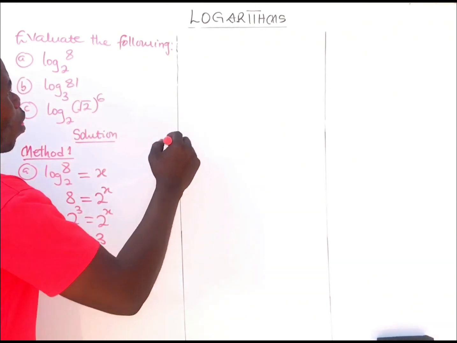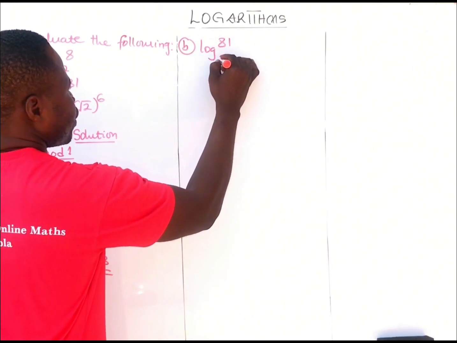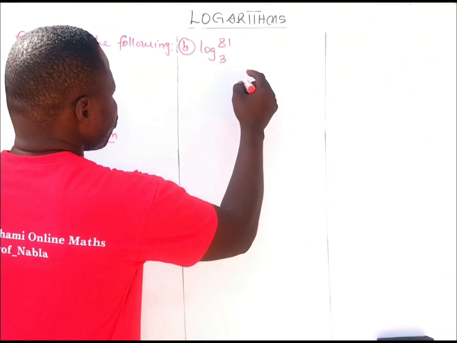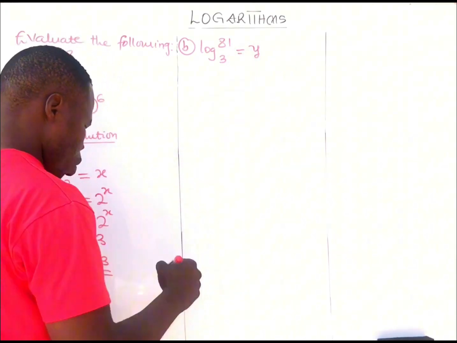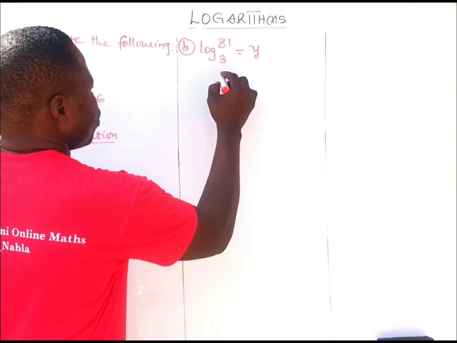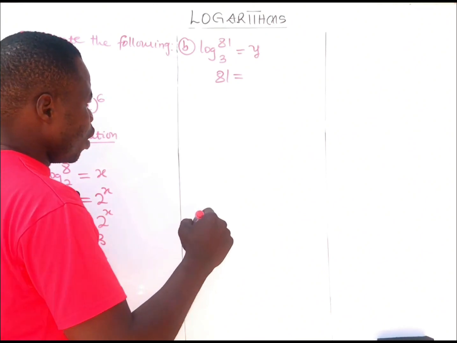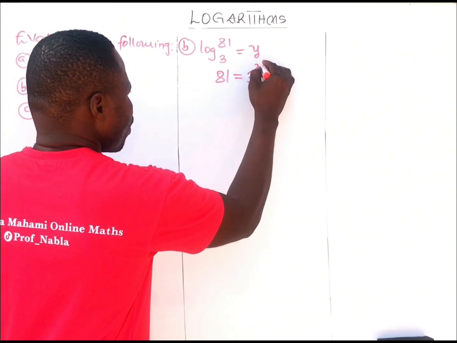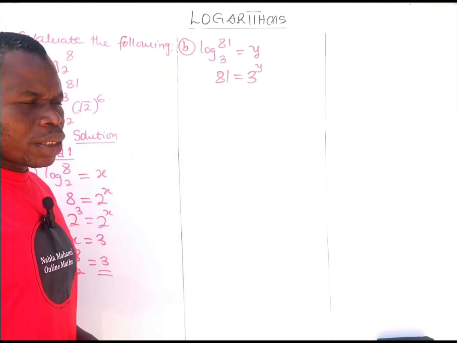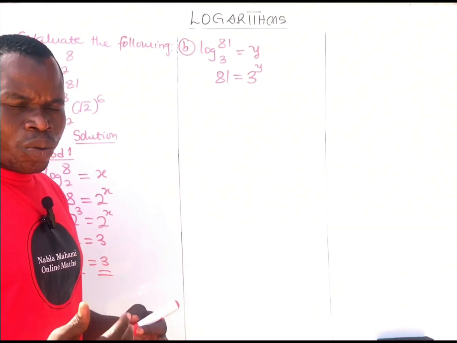B, log 81 base 3. That one too should be equal to a variable. Let me use y now. And by taking the log away, 81 will come down. So I'll have 81, and 3 will switch to the right hand side. And switching 3 there, it means y will now be the exponent of 3. I will now convert 81 into a multiple of 3, meaning how many 3's will give me 81 when I'm multiplying them.